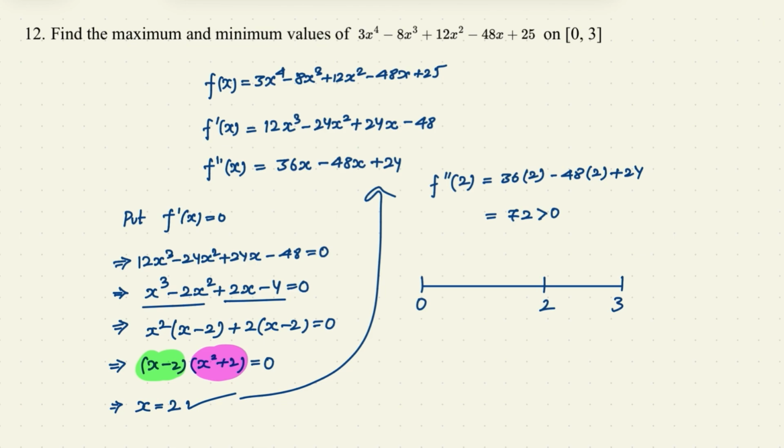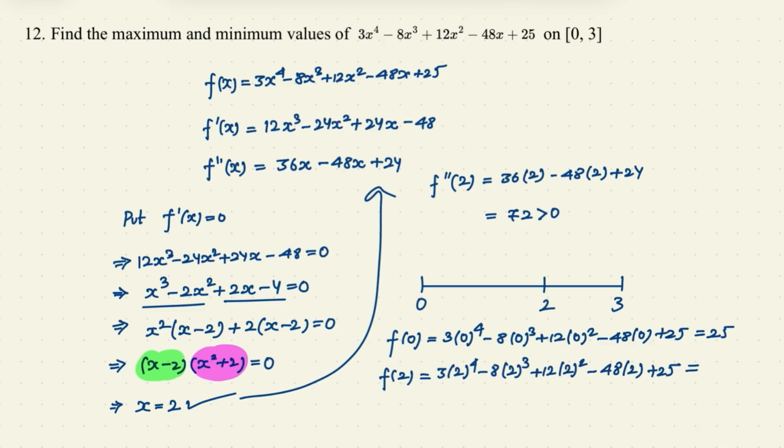Okay, so here first let us check f of 0. This is equal to 25. Let us check at 2, which is my point of local minimum, which gives minus 39. And let us check the function at x equals 3 also, which gives 16.